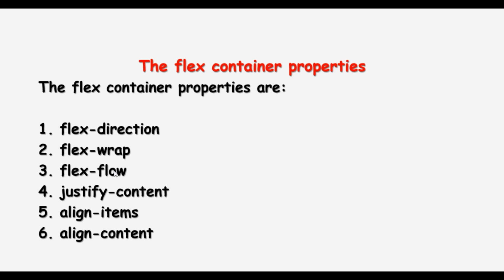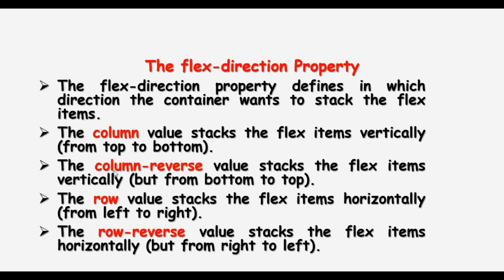We have flex-direction, flex-wrap, flex-flow, justify-content, align-items, and align-content. So what is flex-direction? The flex-direction defines in which direction the container wants to stack the flex items. We have different options.